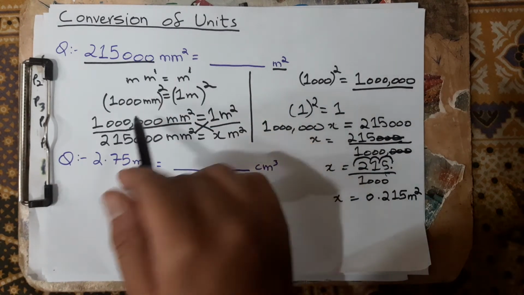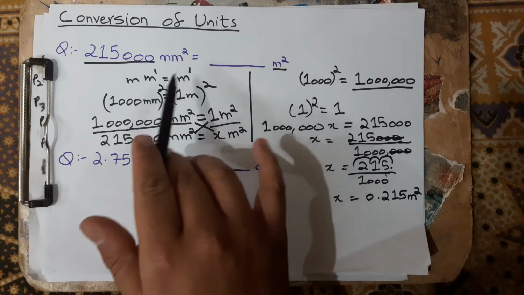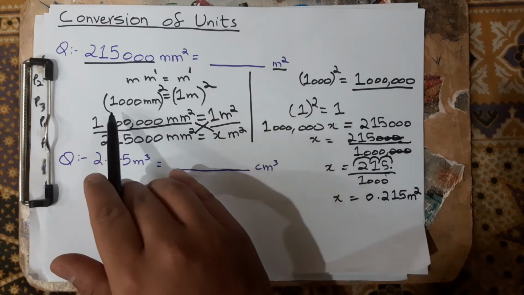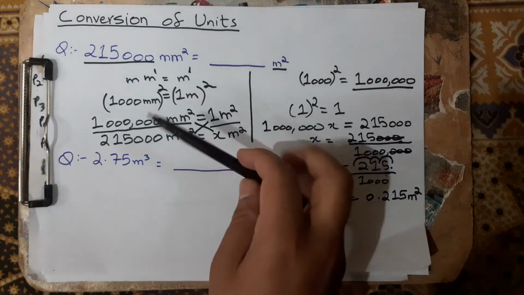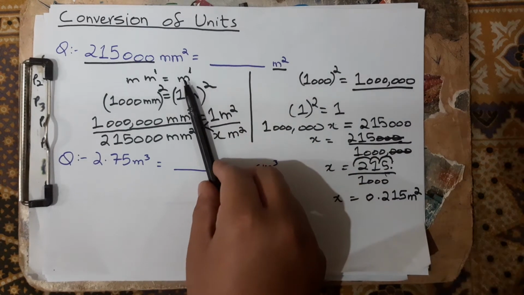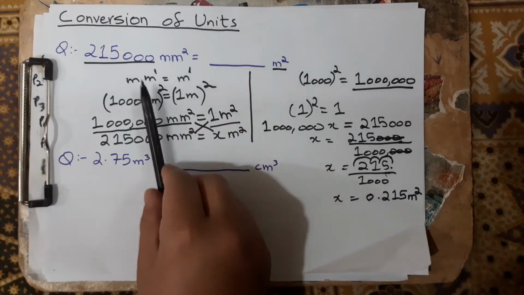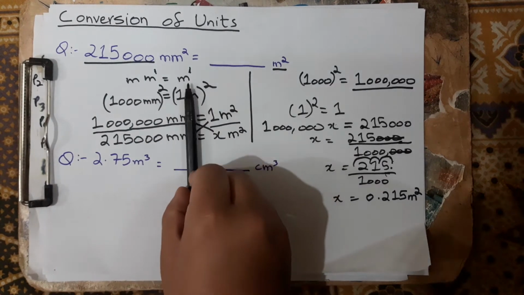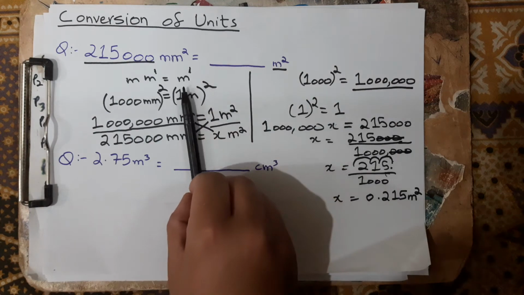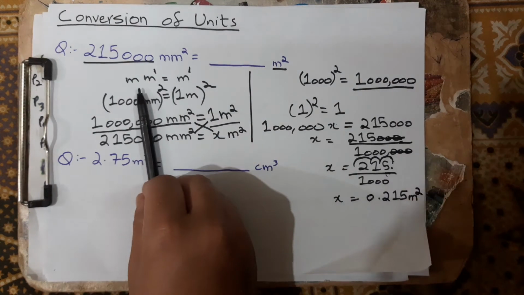So this will be your first step. Moving on, we will consider how many millimeters are there in a meter, because meter is a bigger unit than millimeter.